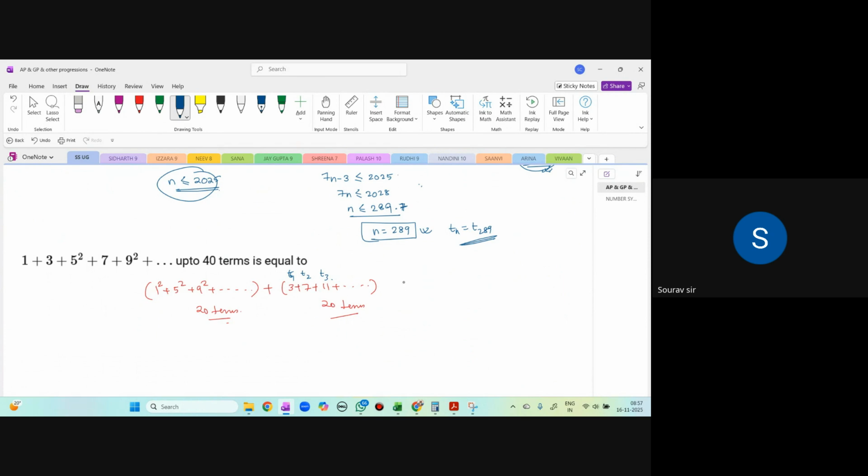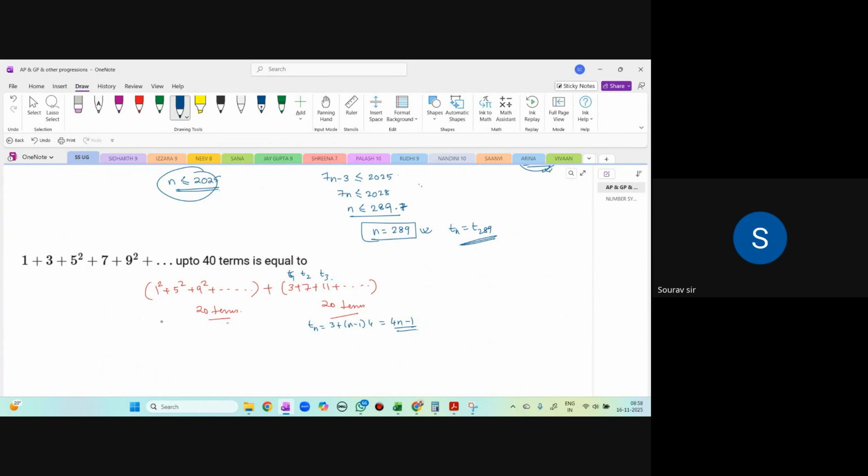So that means the Tn term here will be given by 3 plus n minus 1 into 4, which is 4n minus 1, right? You put n equal to 1, you get 3, n equal to 2, you get 7, n equal to 3, you get 11. So this is the series 3, 7, 11, etc.